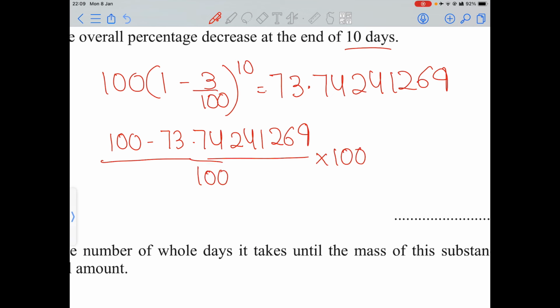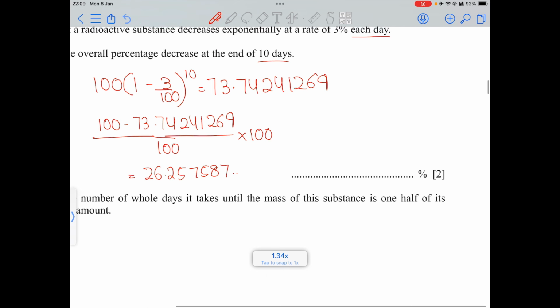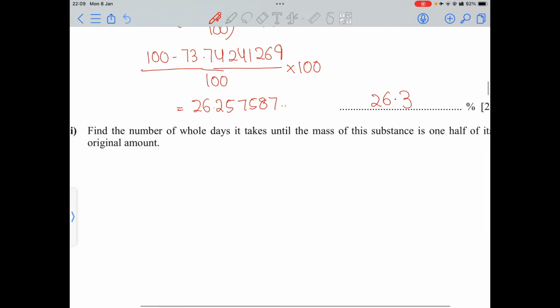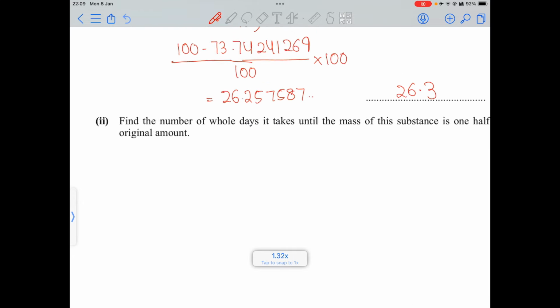So 100 minus my answer over 100, into 100, is basically 26.257587, which is equal to 26.3%.